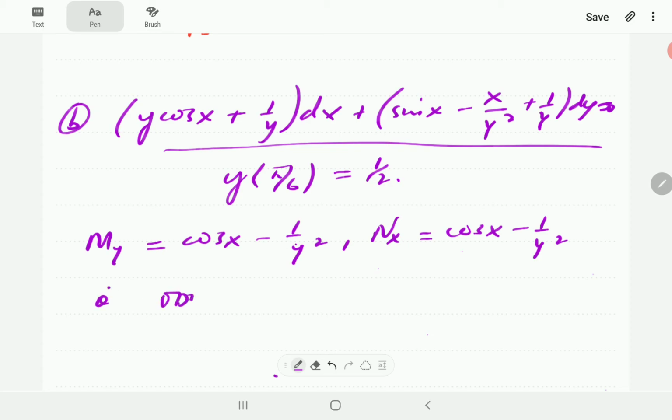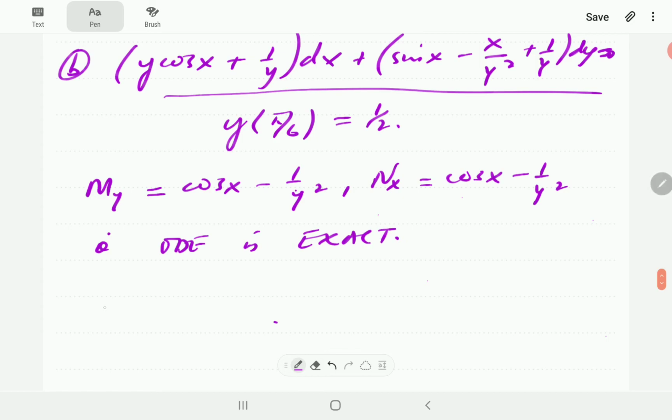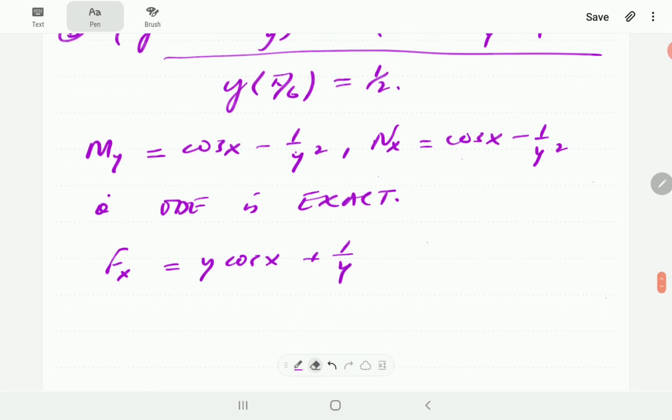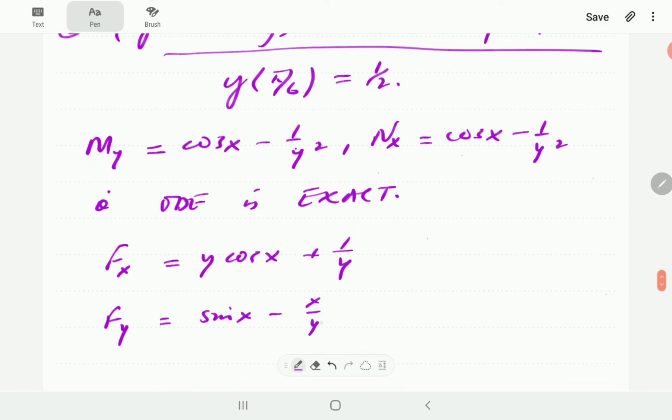So the ODE is exact because Nx is equal to My. So it means derivative of f with respect to x is y cosine x plus 1 over y as done before. Derivative of f with respect to y is sine x minus x over y squared plus 1 over y.